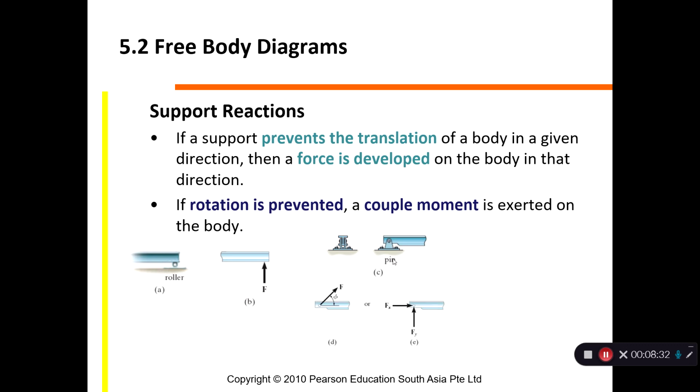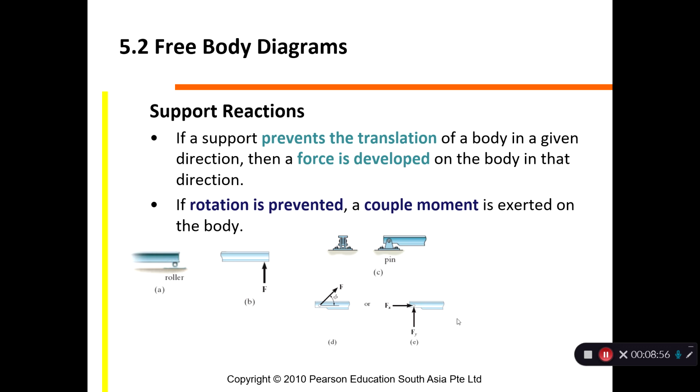Therefore, you have forces acting in the x direction because it can't move left and right. You have a force acting in the y direction because it can't move up and down. Of course, these two forces will create a resultant force, but we'll worry about that later. Right now focus on this.